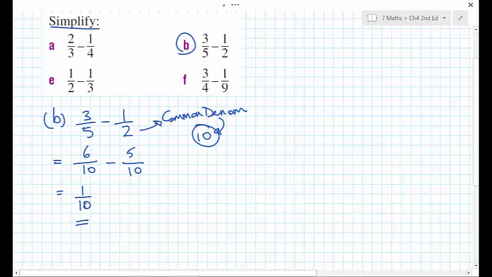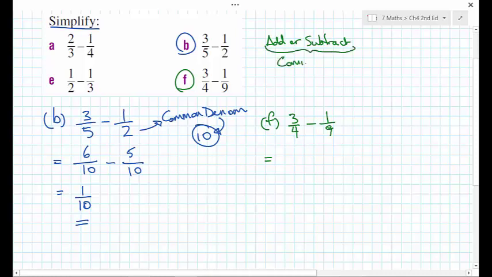What I also then need to do is, with f, follow the same sort of idea. 3 over 4 take 1 over 9. I need a common denominator to be able to add or subtract. Let me have a look here.